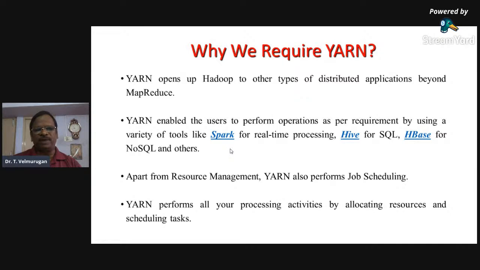Spark is used for real-time processing. Hive is used for SQL command-oriented processing. HBase is used for NoSQL and other kinds of operations. For various operations, various tools are utilized in Yarn.